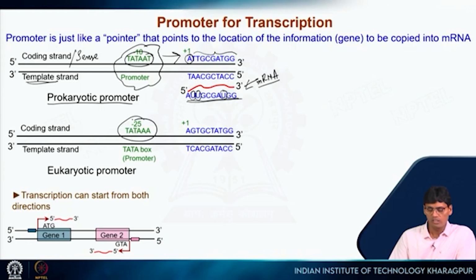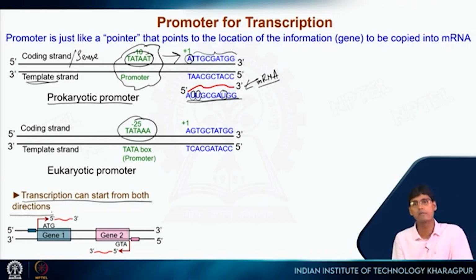Now, here one important aspect I want to mention is that transcription can start from both directions. What is that? RNA and DNA are always synthesized in the 5' to 3' direction.